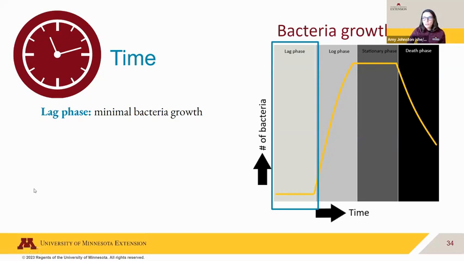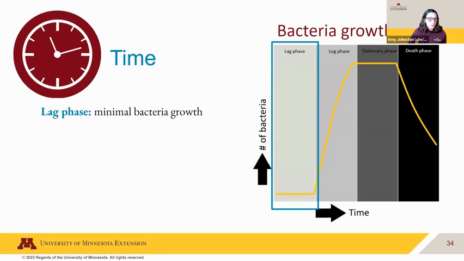So the first phase in bacteria growth is called the lag phase. A lag phase is when bacteria are adapting to their environment and they're preparing to grow, or maybe there could be some minimal or slow growth occurring. This phase can last an hour to several days, depending on the bacteria and the environment or the conditions.